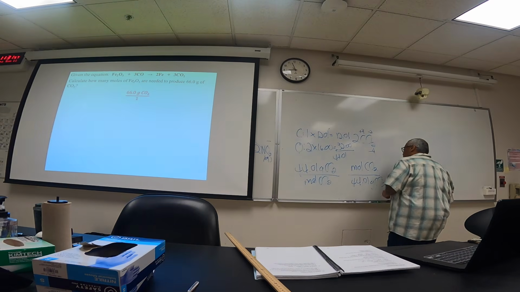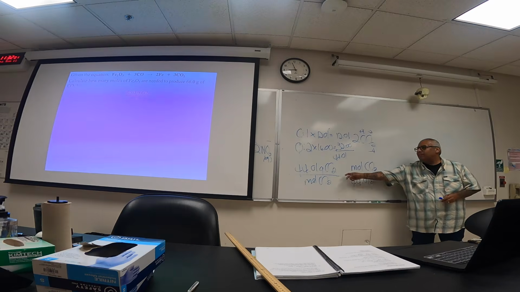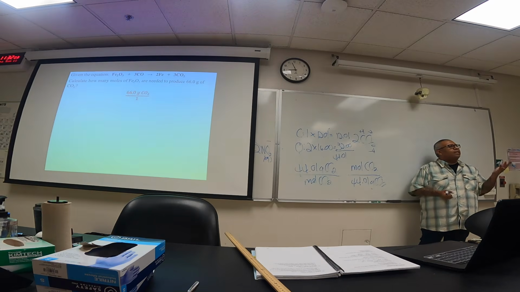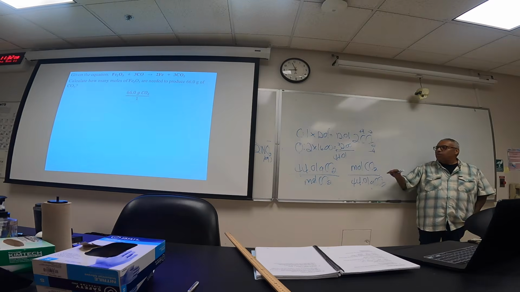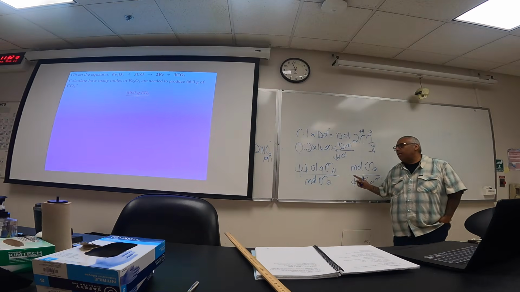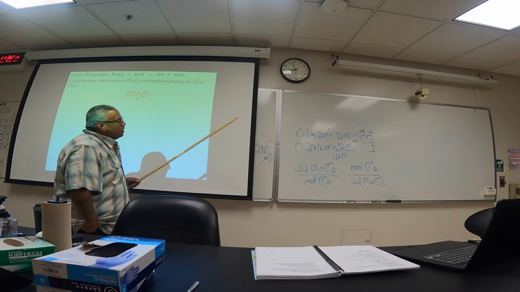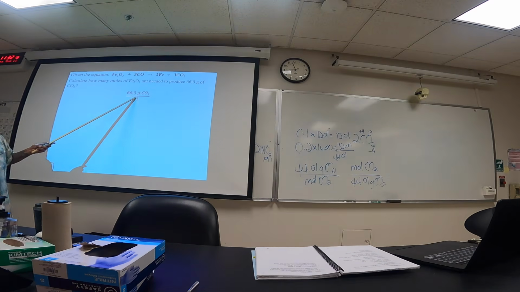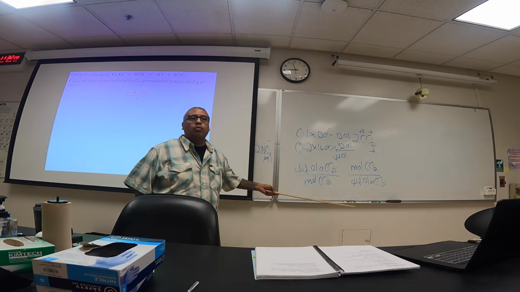You can see it very clearly which one you're going to need, but my suggestion is just write both of them out. It's going to take an extra 5 seconds to do so. Once you're comfortable in doing these, you don't need to do that anymore. But for now, I think we should. So which one of those should we use? In order to convert this into moles, should I use the one on the right or the left? Right. I need this one over here.